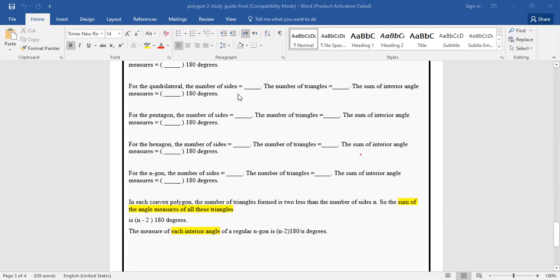Okay, we said a regular polygon means what? All sides' lengths are equal and all angles are equal in measure, right?